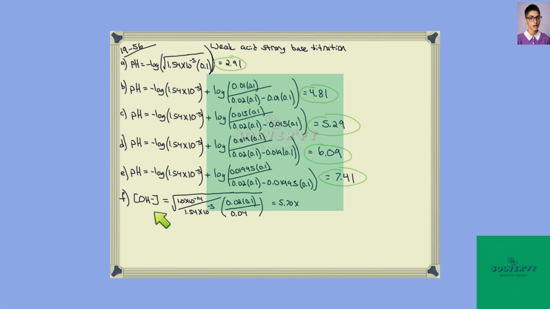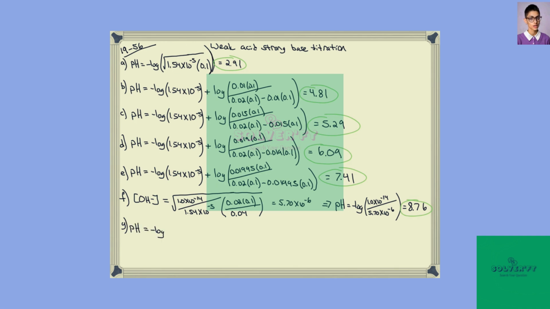So hydroxide will be equal to the square root of Kb multiplied by the concentration of the weak base, and we get 5.70 times 10 to the negative 6. The pH will then be equal to the negative log of the hydronium concentration, and the hydronium concentration will be equal to the hydroxide concentration divided into Kw, and we get a pH of 8.76.